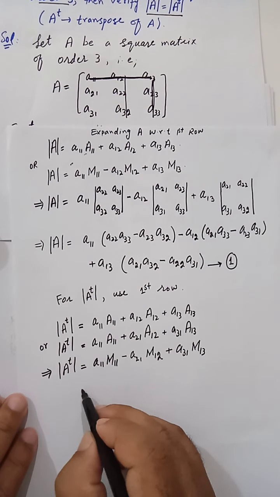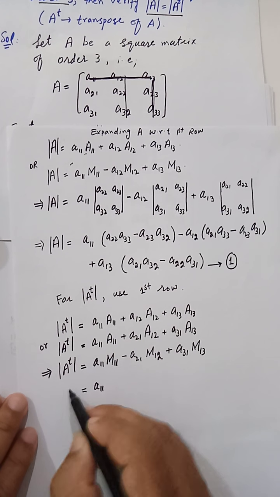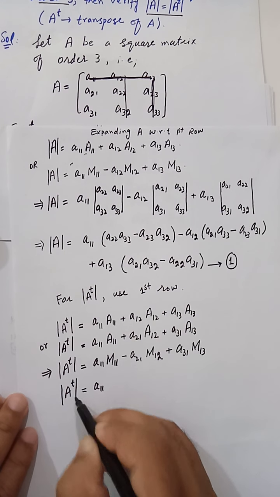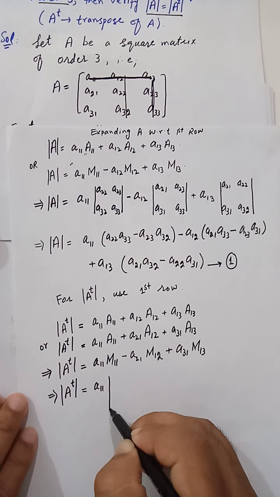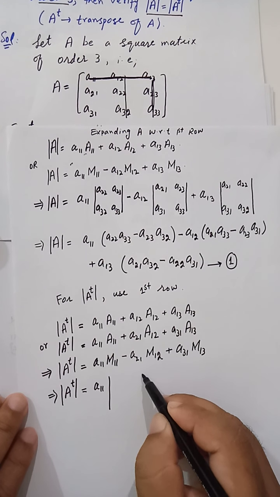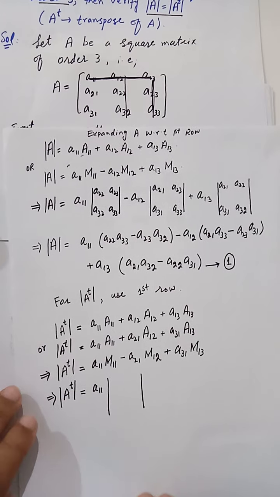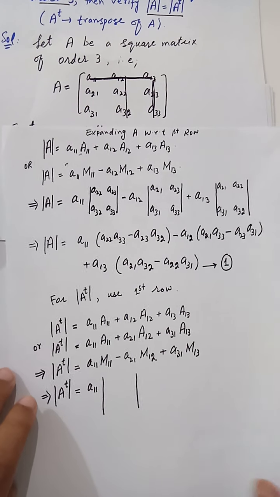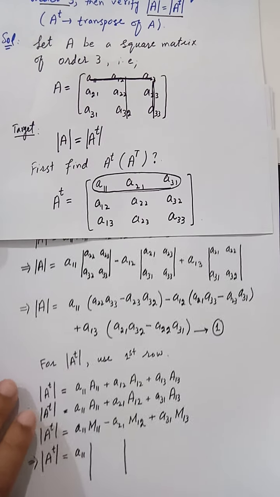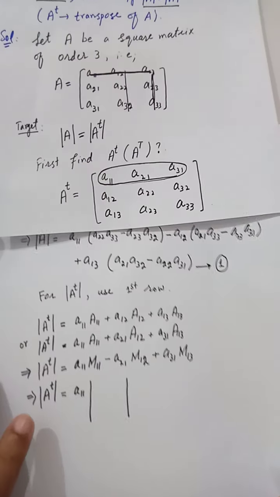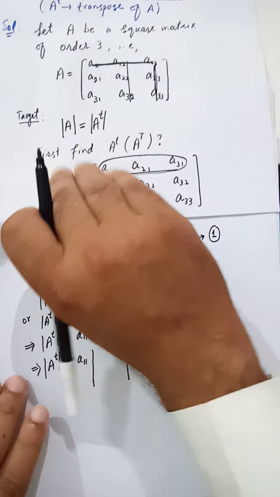Now this is a11. How can you find M11? You need to cancel out the first row and first column of the matrix which is the transpose of matrix A.